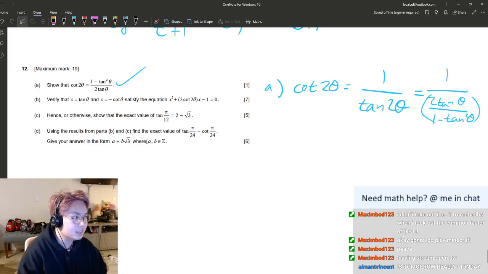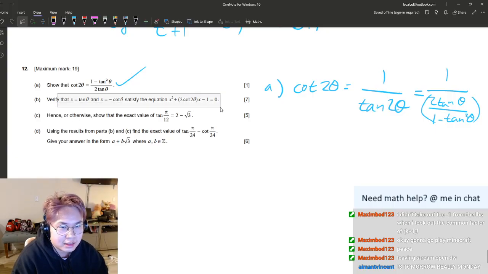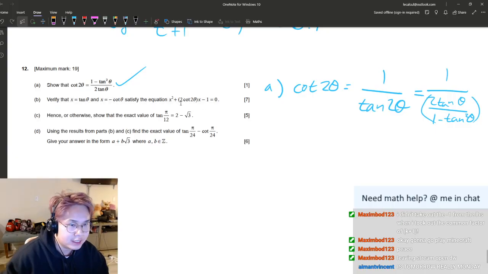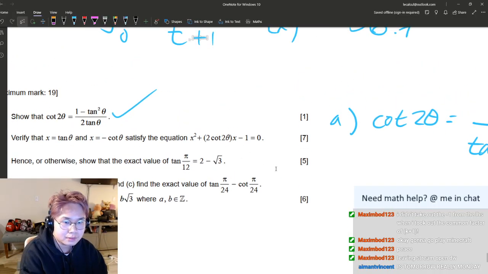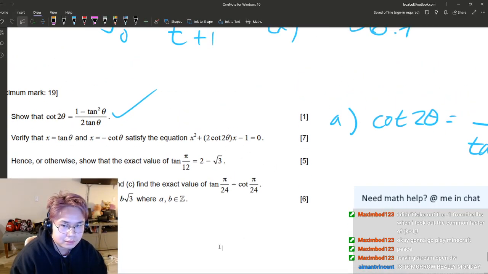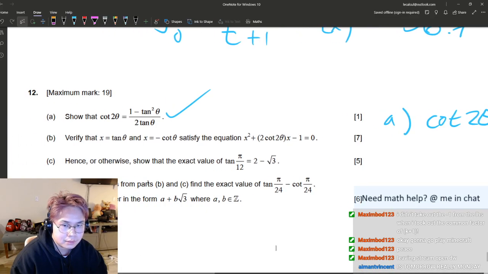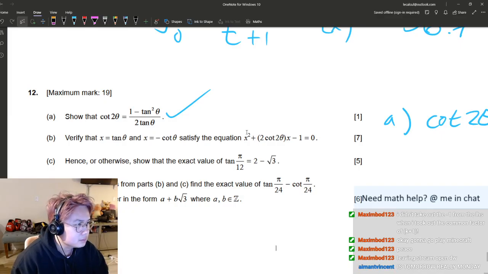Okay, and then we're done because that is the same as showing that. Okay, next up, verify that these satisfy the equation. So if I plug them in, they should just work, right?